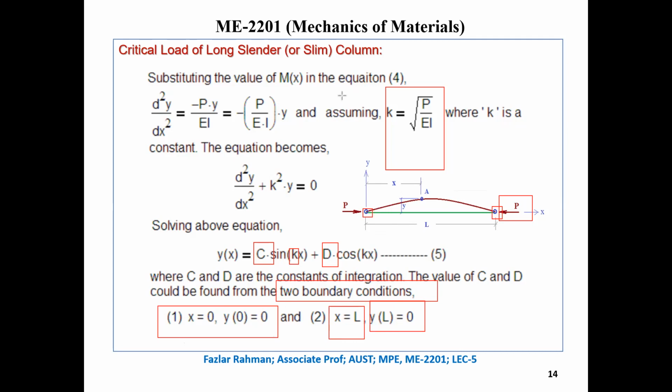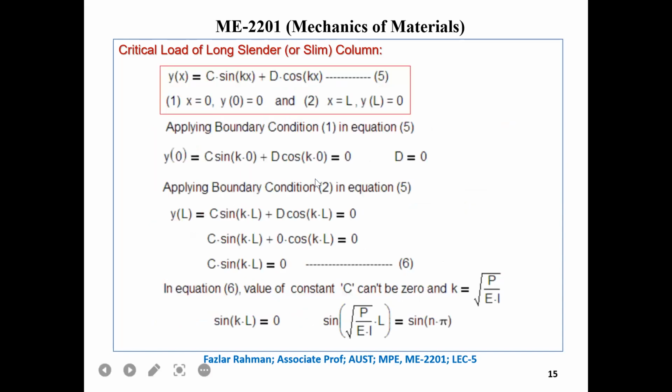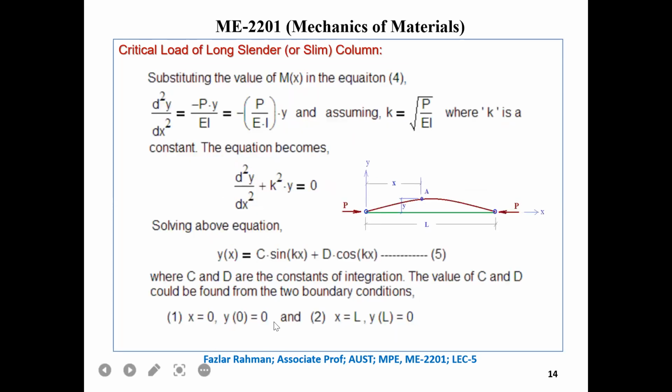Then we solve that differential equation. So we got two boundary conditions: x equal to 0, y equal to 0, and x equal to L, y(L) equal to 0. These two boundary conditions we will use to solve equation 5.